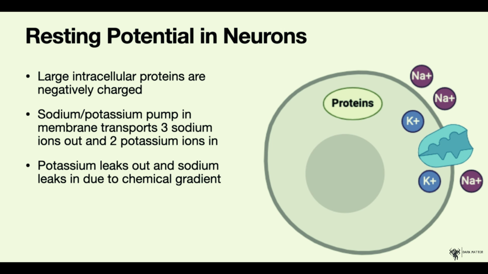Now, to understand how the action potential happens, we first have to understand the resting state of a neuron. The word potential just refers to the difference in charge across the membrane of the cell. A negative value means that the inside is negative compared to the outside. In a neuron, there are certain things that happen at rest that determine this relative charge. First, there are many intracellular proteins that are negatively charged.